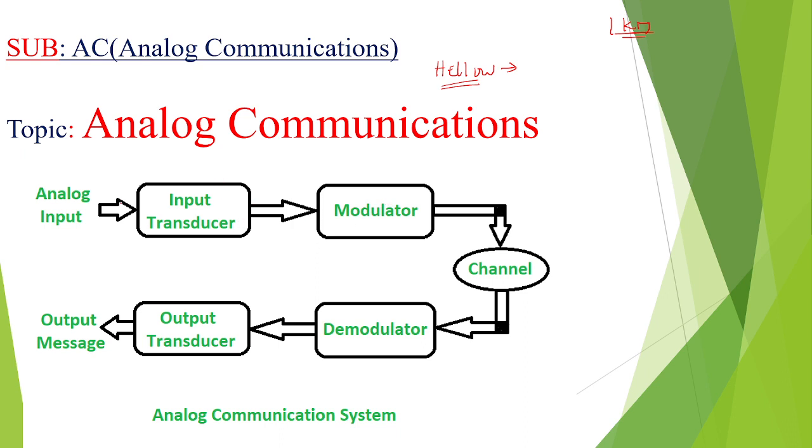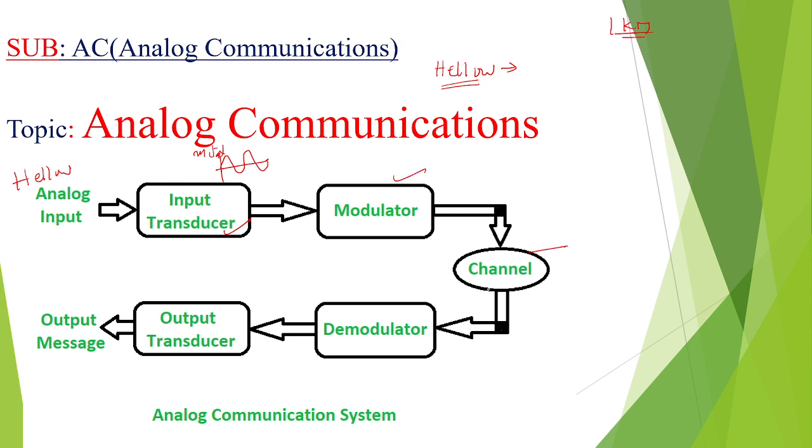In the same block diagram you can see this. As I said, it is hello. This signal is converted into a physical EM wave, an electromagnetic wave, that is M of t, using a transducer. Then a modulator is required to convert low frequency to high frequency.